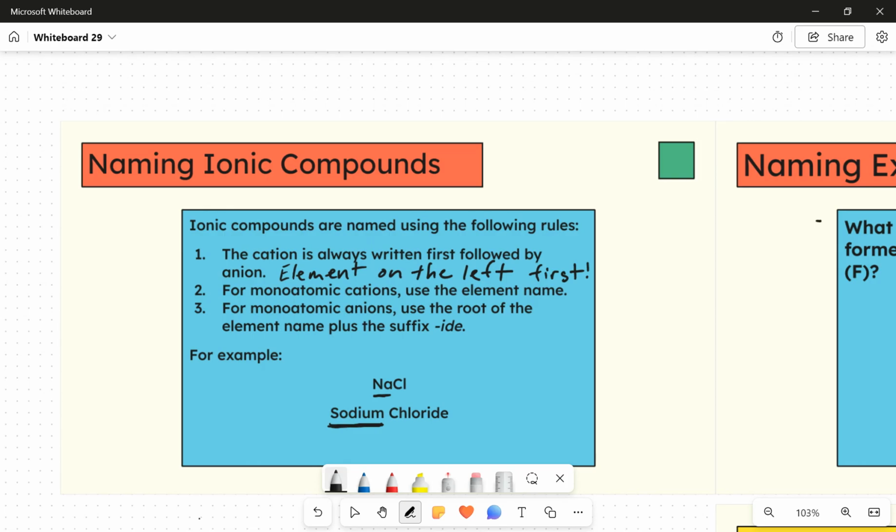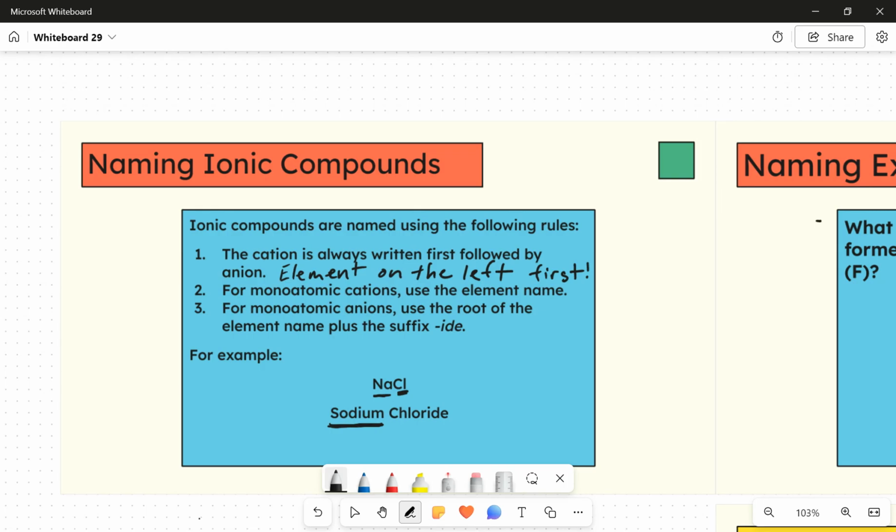In my example, chlorine is my anion, and so when I change it, I need to change the ending to -ide. The issue is not every element follows the rules, or it's not always clear how this is supposed to work.